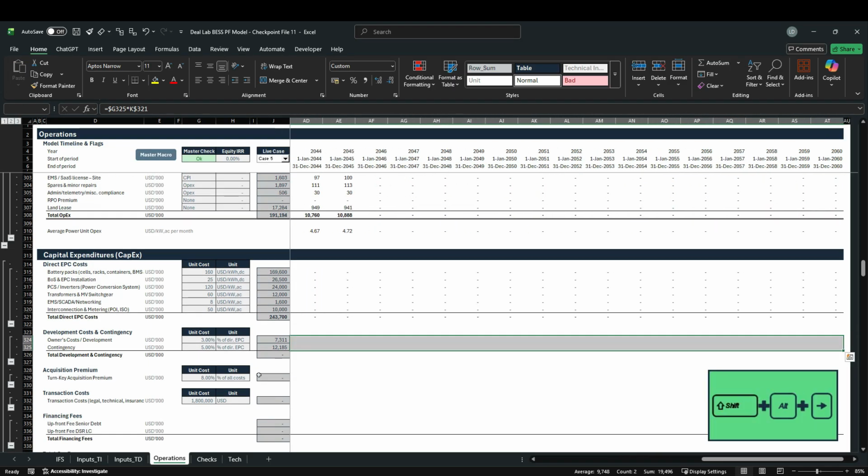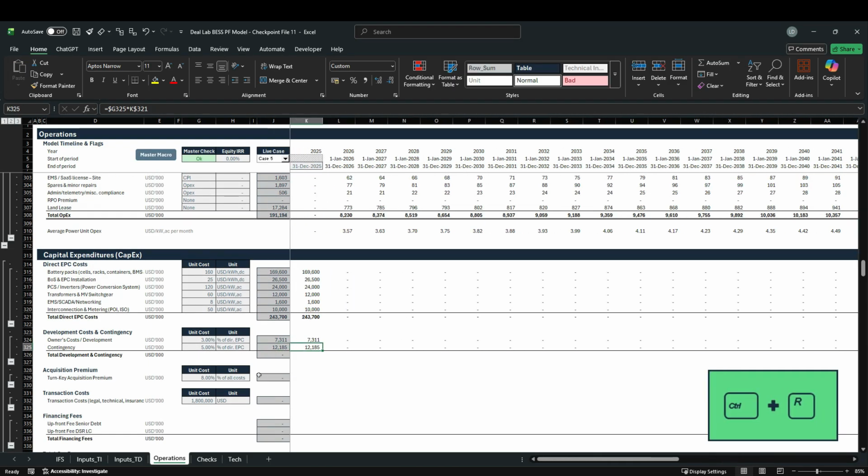And let's drag this one over to the right, Control R. And what this assumes is that our actual developer will roughly have to pay $7.3 million to develop the project. And we will also have a $12.1 million contingency in case of cost overruns of the actual total direct EPC costs.